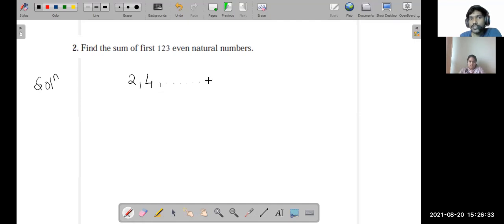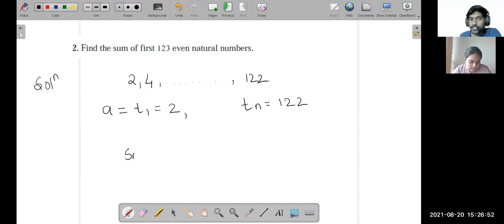And which would be the last even number in this? 122. So your first term, a or T1, is 2, and your last term Tn is 122. You can use the Sn formula, but for Sn we need the value of n. How to find the value of n?